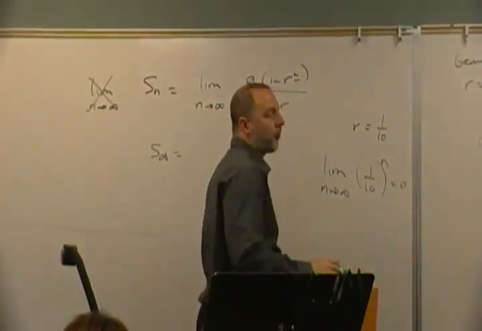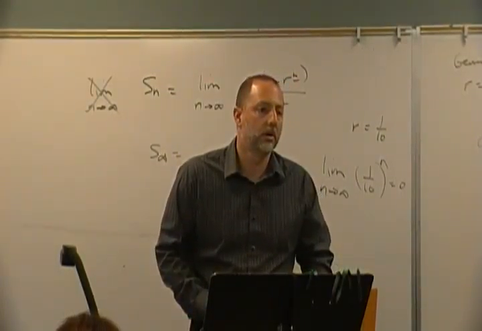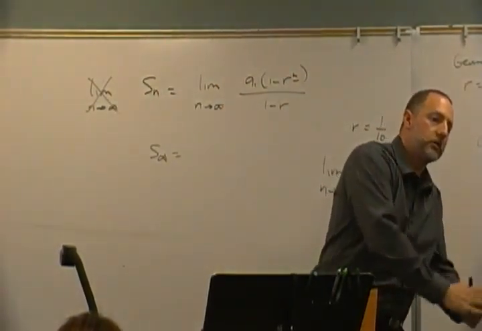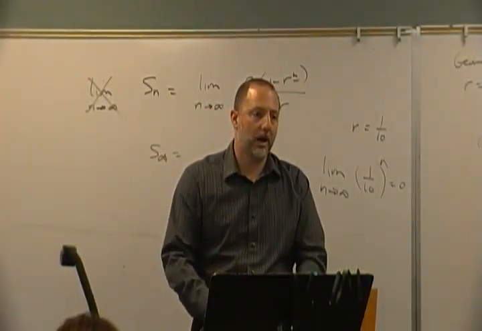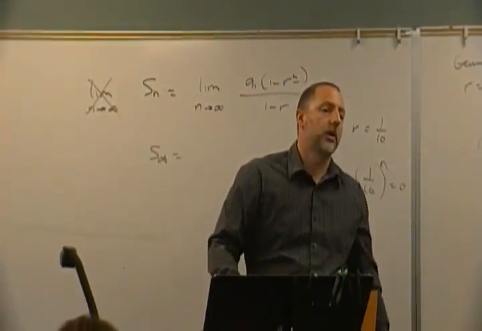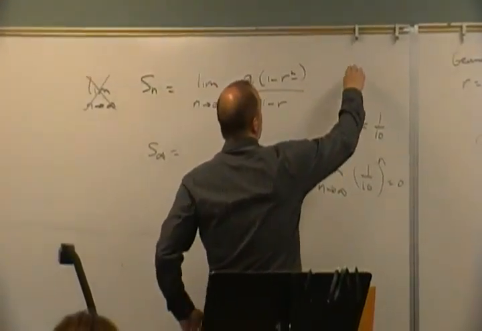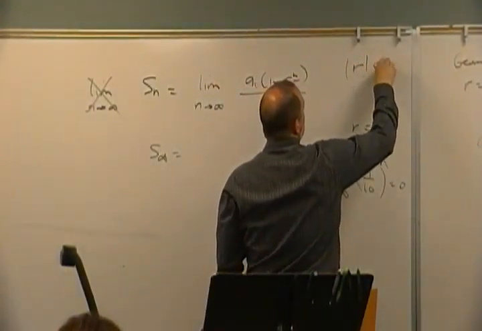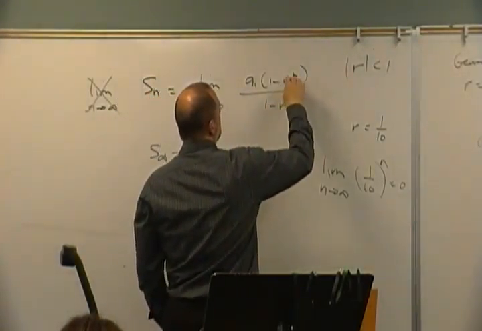If I multiply a fraction by itself an infinite number of times, what happens to the number? It gets smaller and smaller and smaller. What's a half times a half? A fourth. A fourth times a half is an eighth, times a half, a 16th. It keeps getting smaller and smaller, and so I approach 0. So as long as the absolute value of r is less than 1, this term goes away.